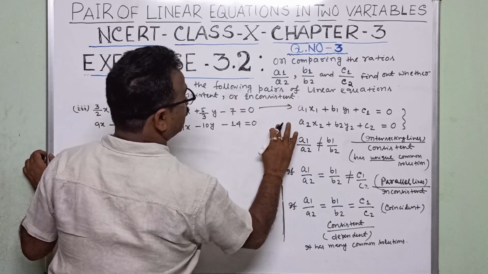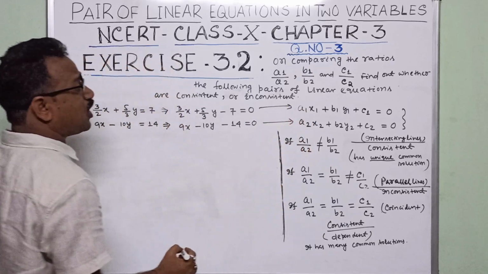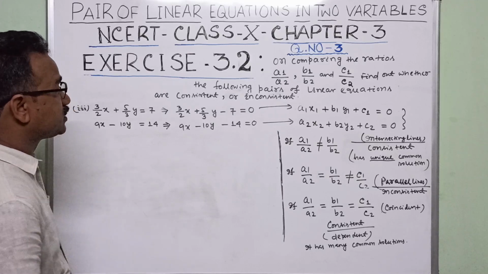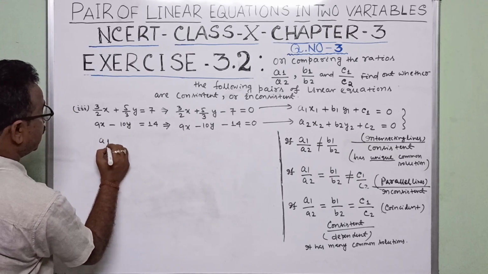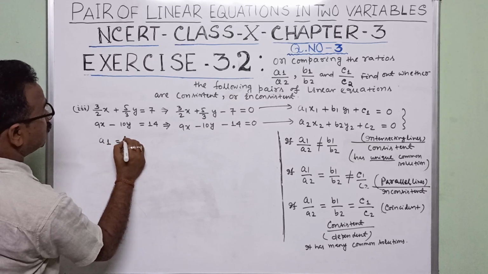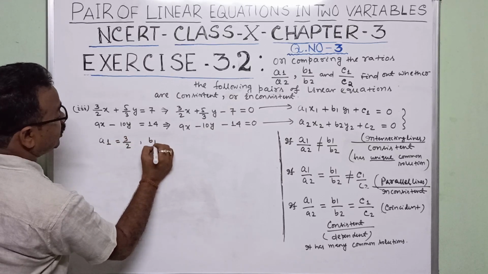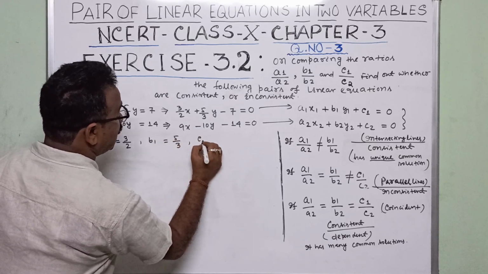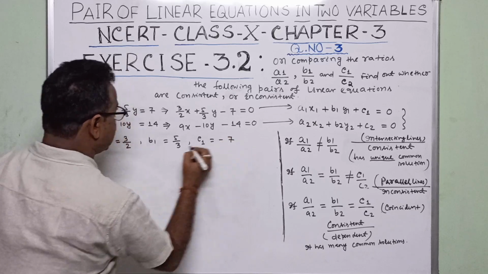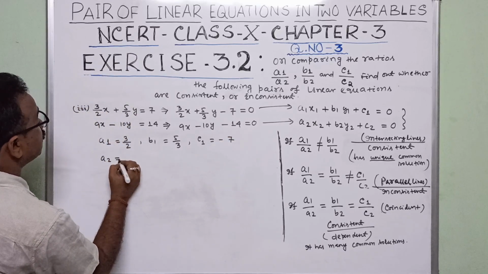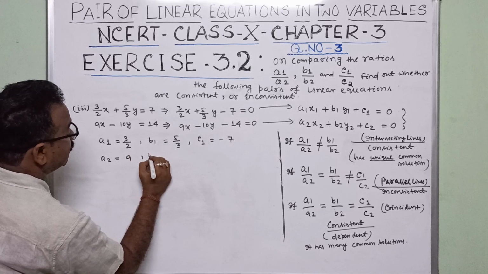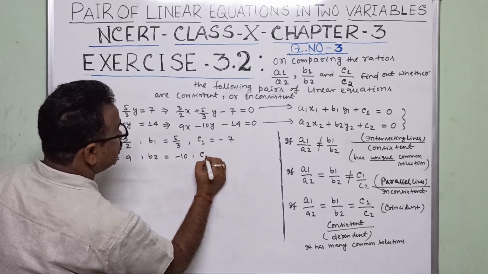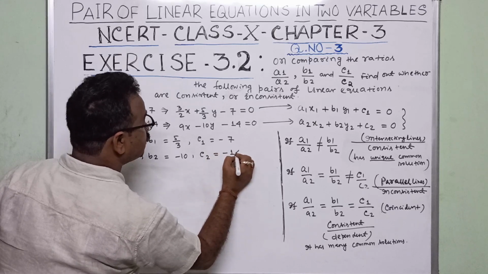Now comparing with the standard form of the pair of linear equations in two variables, we get a1 is equal to 3 by 2, b1 is equal to 5 by 3, c1 is equal to minus 7, a2 is equal to 9, b2 is equal to minus 10, c2 is equal to minus 14.